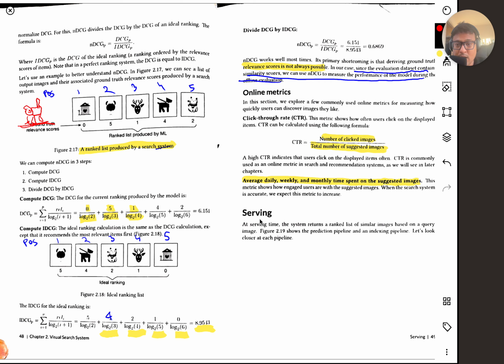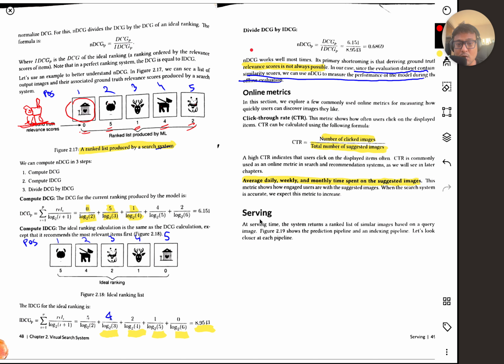Let's say your model predicted the outputs in this sort of rank. This is the highest rank, and then second, third, fourth, fifth, and the numbers at the bottom indicate the correct ground truth order of these images.